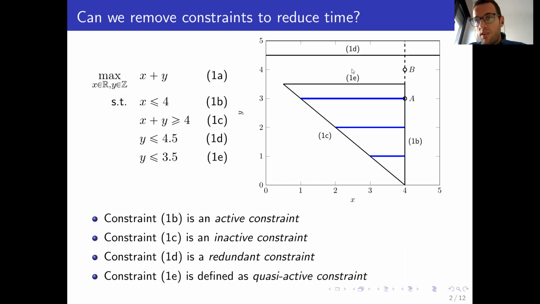But if we remove this constraint, the optimal point would change from A to B. So this is a very particular type of constraint that shows up in mixed integer programming. So with this example, we can safely remove 1d and 1c, keep 1e and 1b, and just solve a problem with a smaller number of constraints.